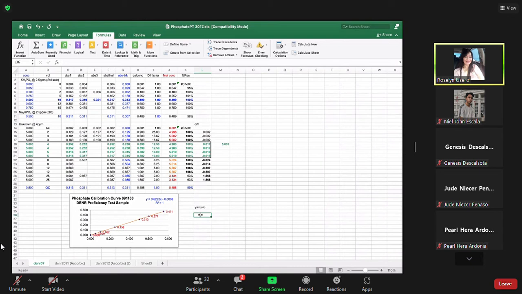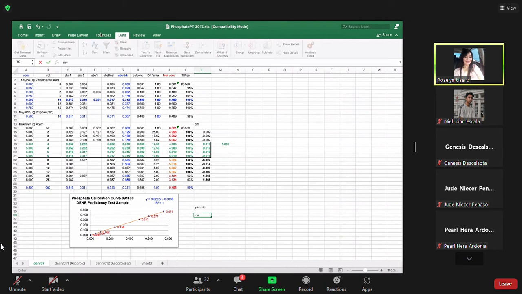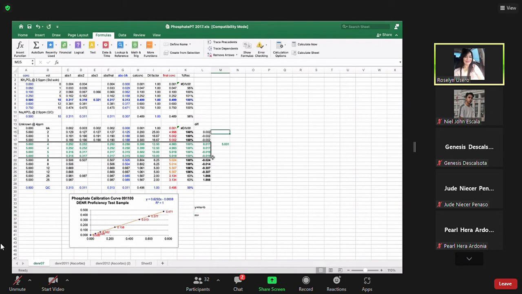So, m, you get the slope is equal to, check nyo na lang di slope.